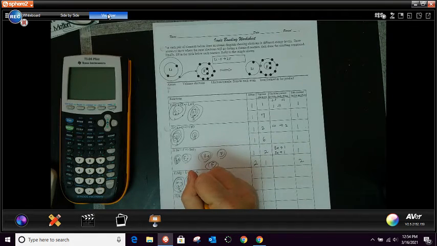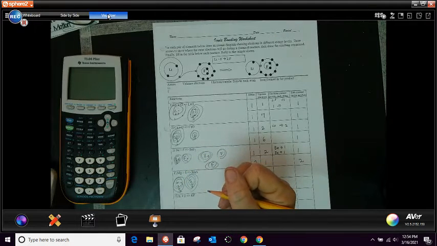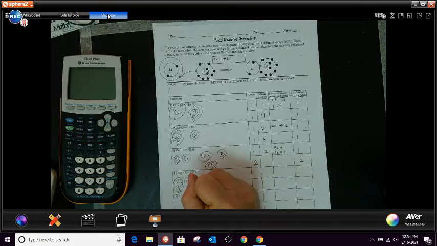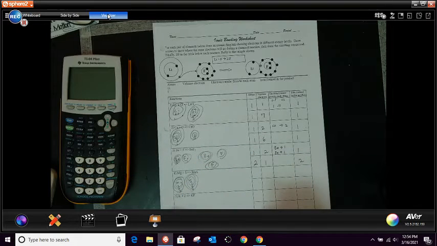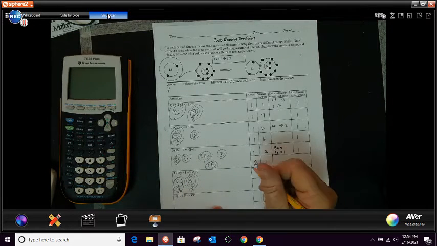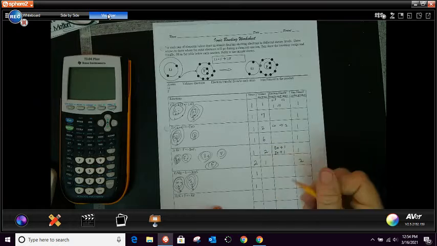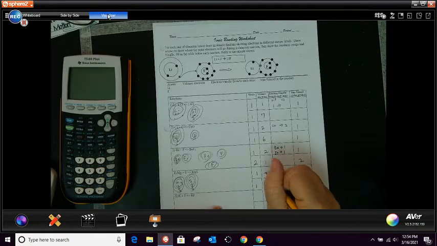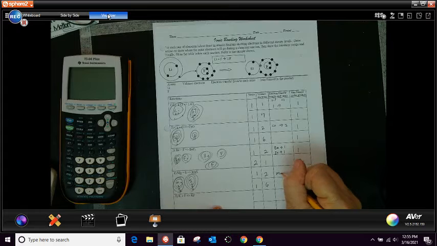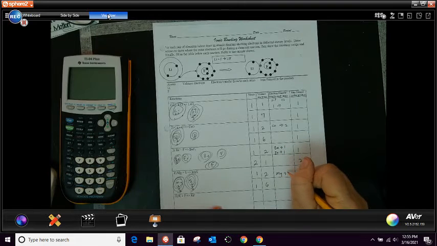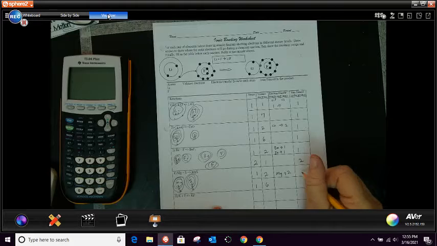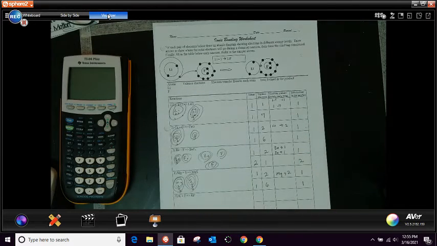We have 2, 8, and 6. Based on that, we have 1 apiece, 2 and 6. Magnesium is going to donate its 2 to sulfur. We're going to have a total of 1 of each atom when we get done.